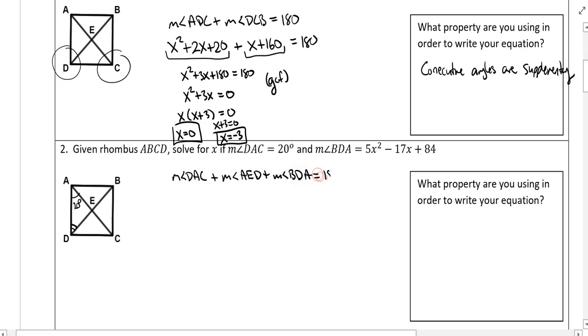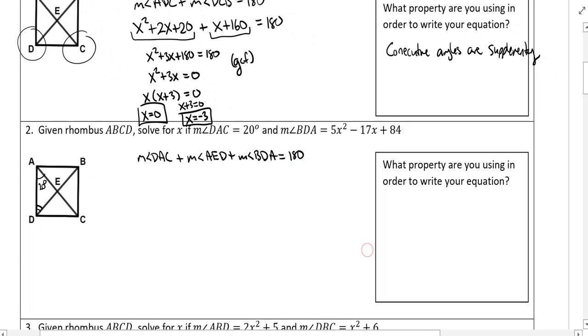is equal to 180 degrees, because the sum of the interior of a triangle is 180 degrees. We know that the measure of DAC is 20 degrees because they told us that.